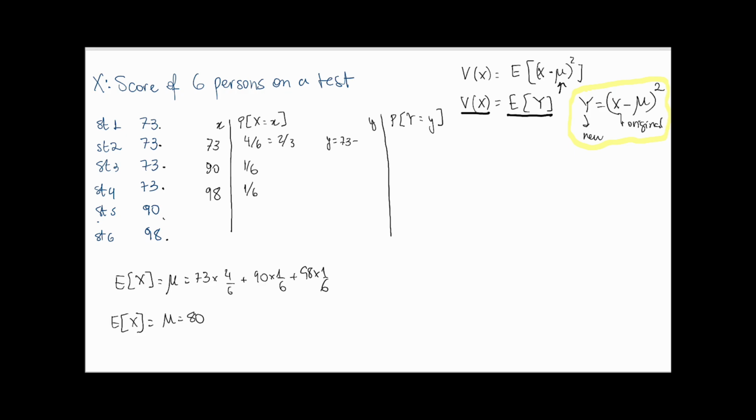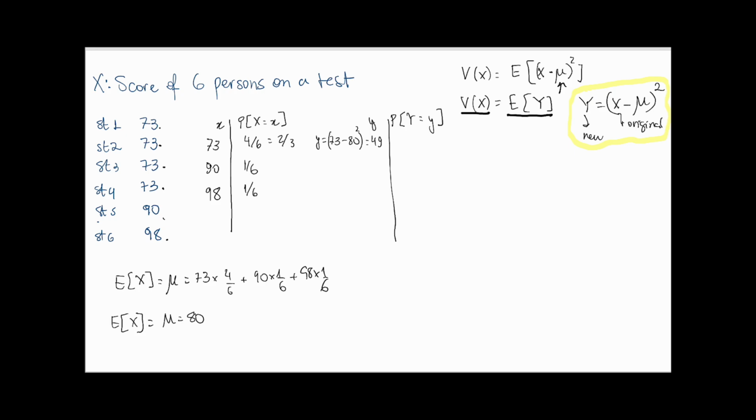So x minus mu, that is 80, squared. This is the value that y will take on. If you're unsure what I'm doing, take a look back at operations with random variables. We calculated these new PDFs from operations. If you work out this value, this will be 49.